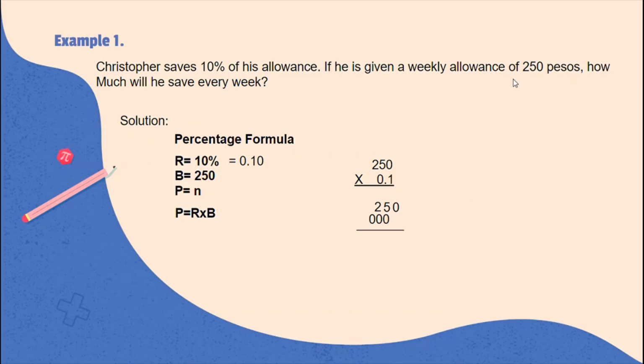Let us now add: bring down 0, 5 plus 0 is 5, and 2 plus 0 is 2. So we have here 250. Don't forget to move our decimal point. How many decimal places do we have? 1. So we move the decimal point 1 place to the left. So we have here 25. So Christopher can save 25 pesos per week.